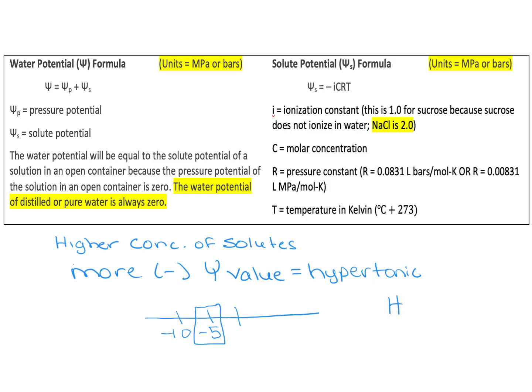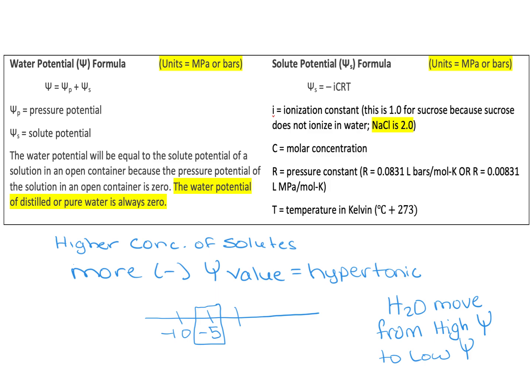So water will move from high water potential to low water potential, because you're going to have some questions on this sheet that's asking you, now that you've calculated your different water potential or your pressure potential or solute potential, whatever the questions are asking you, what does that mean for water and how it moves?